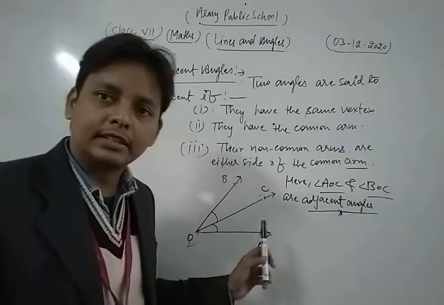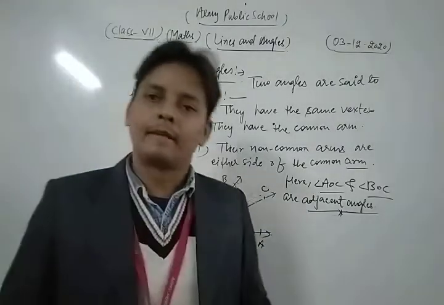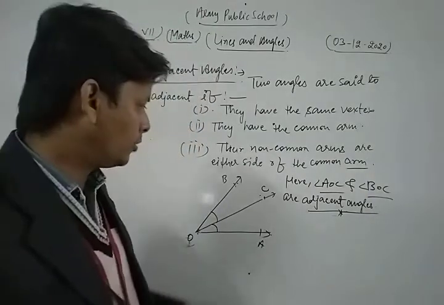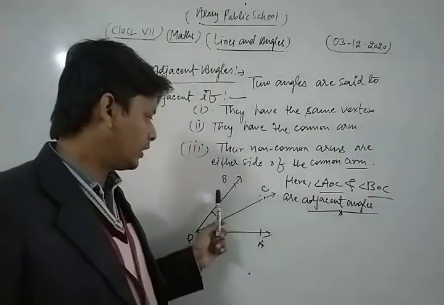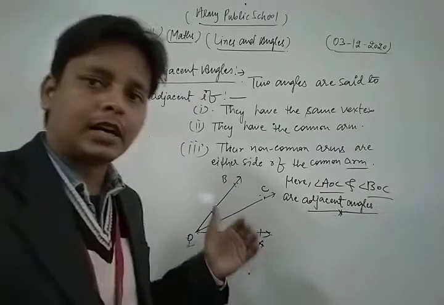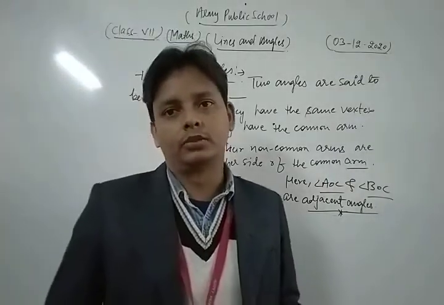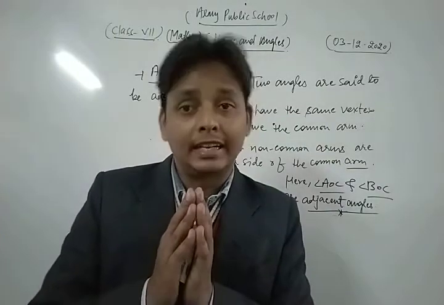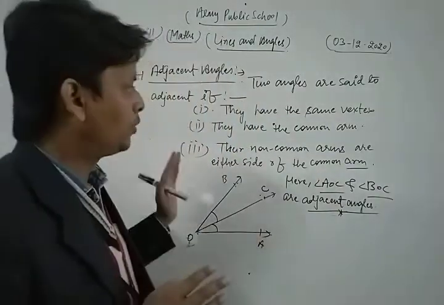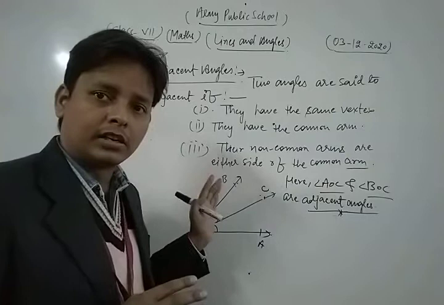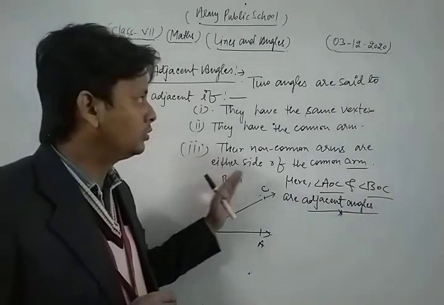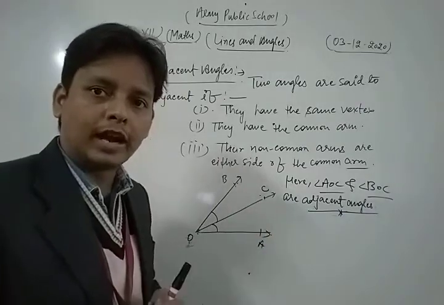And third, their non-common arms are OA and OB, which lie on either side of the common arm. So this is the concept of adjacent angles, a very important concept for you. Please learn and practice all the important points related to adjacent angles.